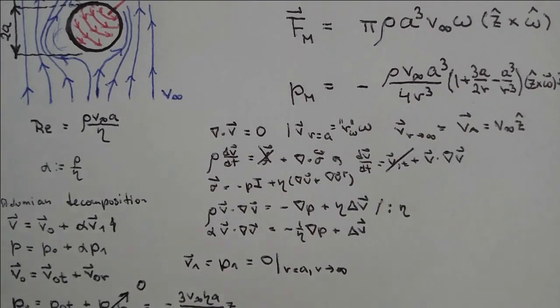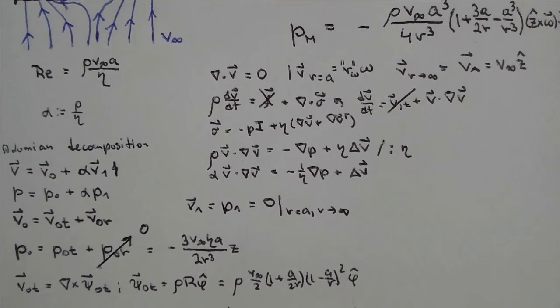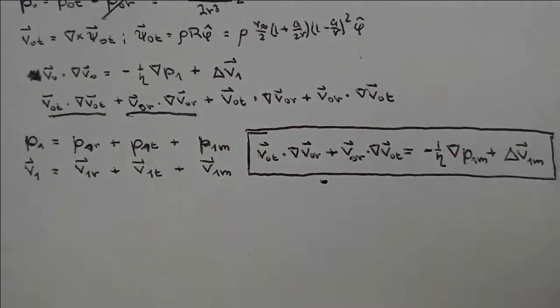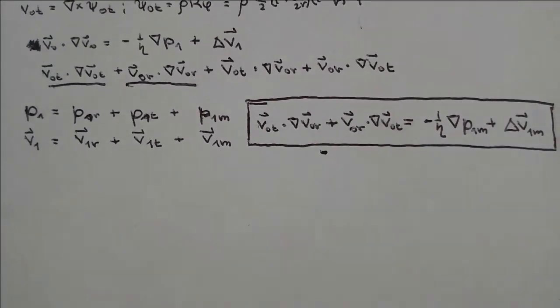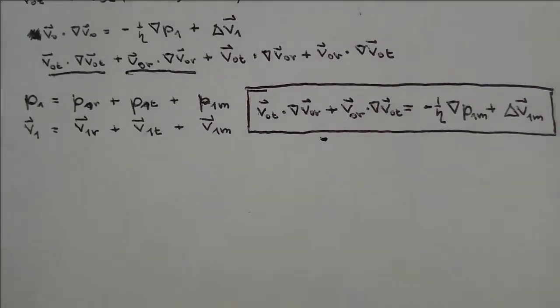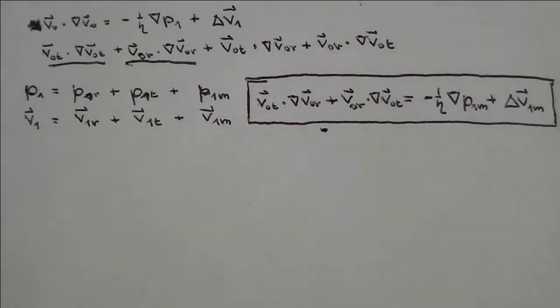I can also write the solution for the velocity field, but it's much more complicated. However, the solution is only in terms of rational functions, so it's very easy to implement on a computer, or you can compute the Magnus force with it, for example. It's not so hard, but the computation is a bit messier.